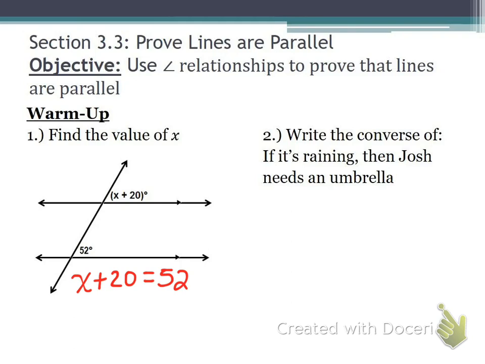Why? Akira? That's the kind of answer I'm looking for, but that's not the relationship. What is it, John? Corresponding. So those angles are corresponding on parallel lines, therefore they are congruent. And to solve it, we would need to subtract, x equals 32.